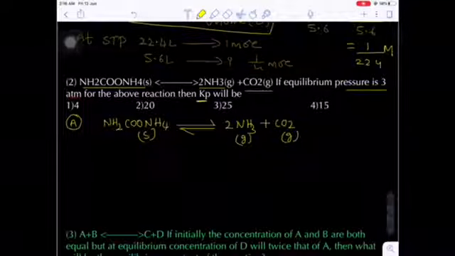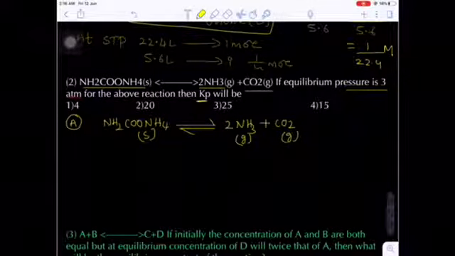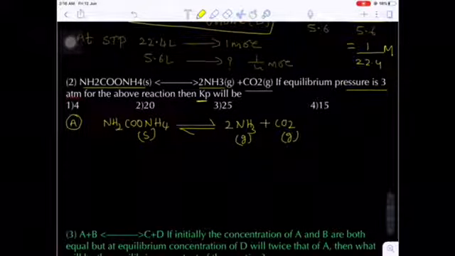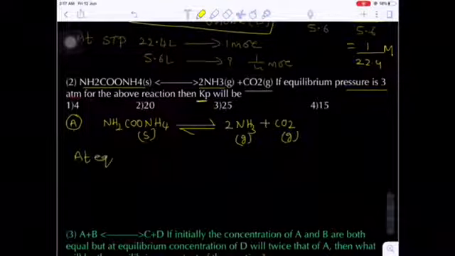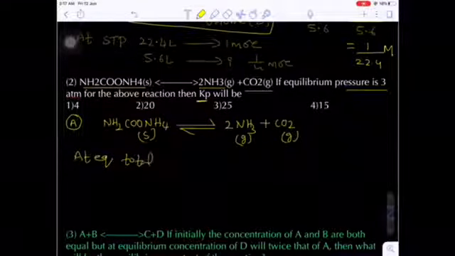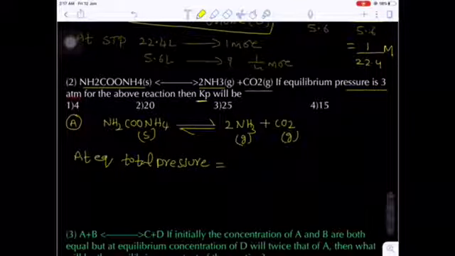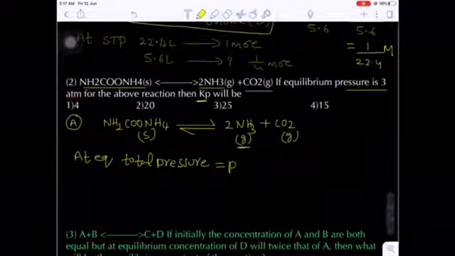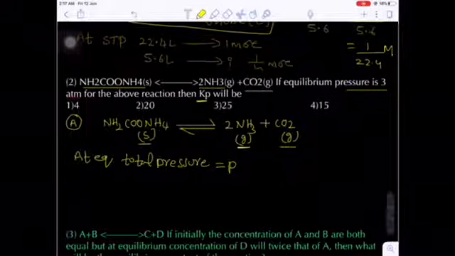Actually we know the direct expression. In the previous videos, we discussed the Kp expression for the ammonium carbamate decomposition. Now let's suppose at equilibrium the total pressure is P. Here there are two gaseous substances in the 2:1 ratio.